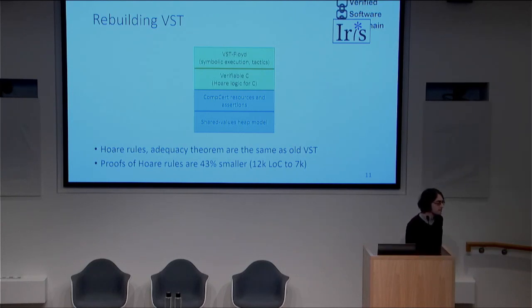Yeah, very nice work. Have you put the Iris proof mode or any of the new Iris features like persistent assertions to work on verifying C programs yet? And have you found the Iris features complementary to the VST automation? Yeah, so the place where that stuff gets used most heavily is in concurrency.